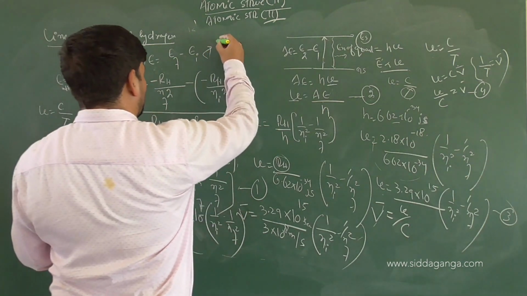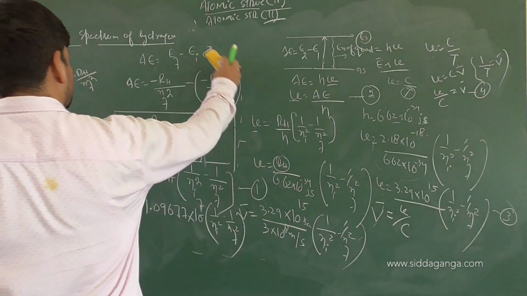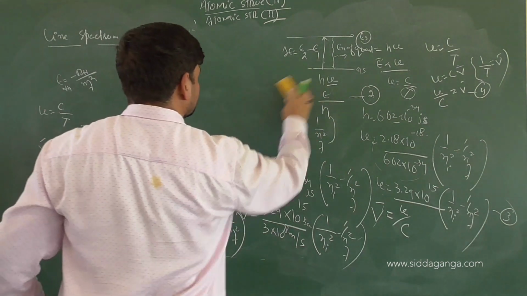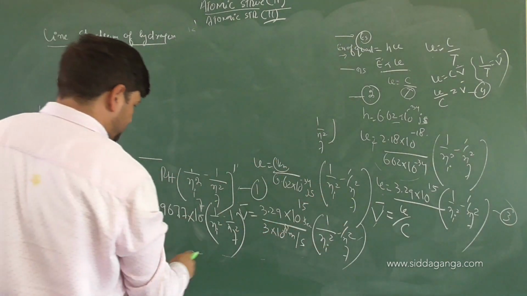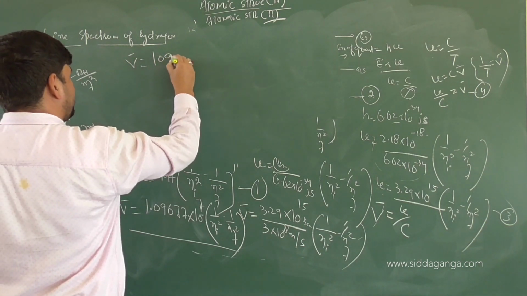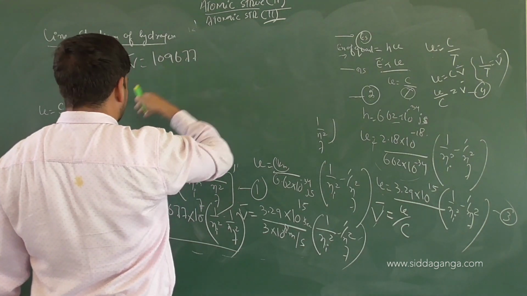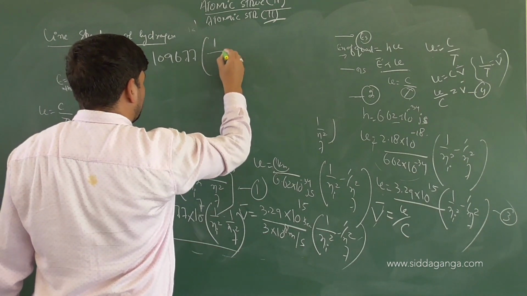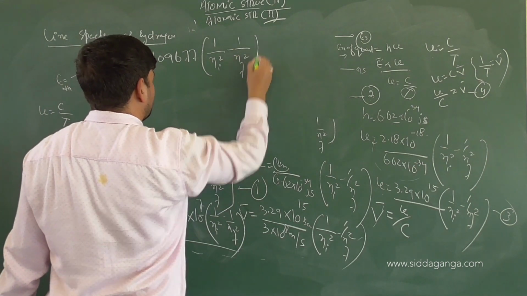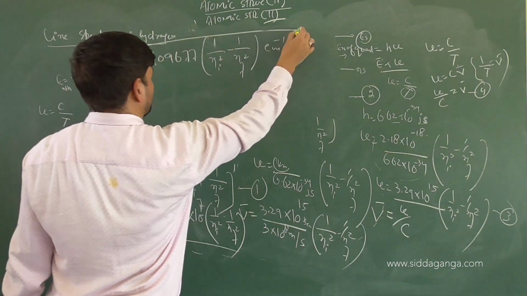So on the whole, this is the equation. Wave number will be 109677, Z for hydrogen is 1, we are not taking that into account, into 1 by n initial square minus 1 by n final square in terms of centimeter inverse. This is the equation I told you at the start.